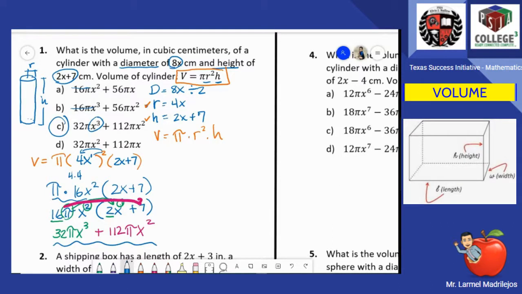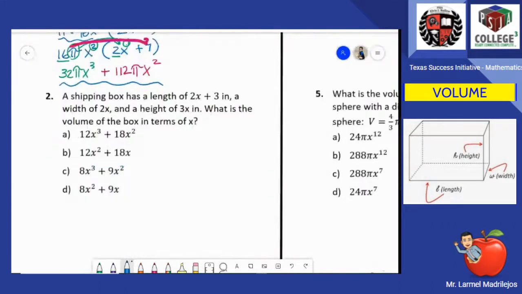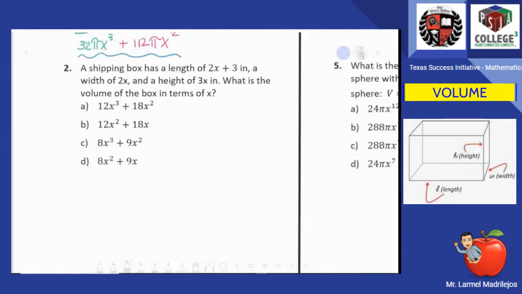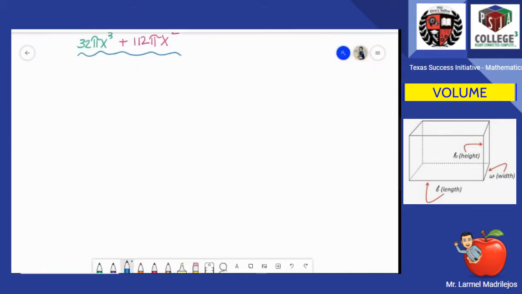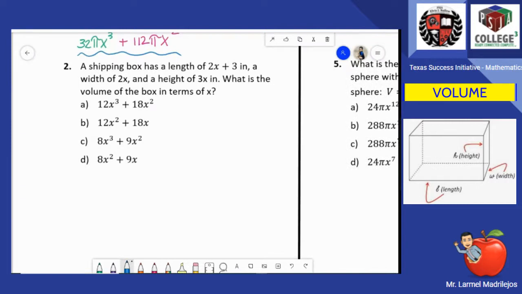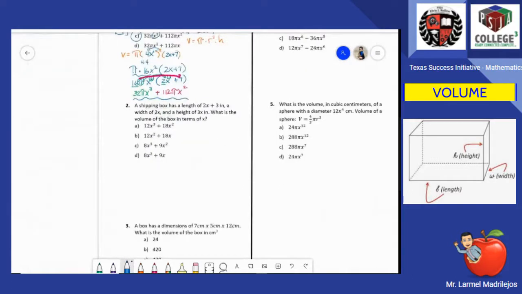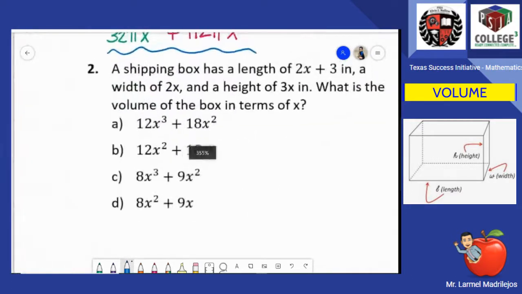Next question. A shipping box has a length of 2x plus 3 inches, a width of 2x, and a height of 3x inches. What is the volume of the box in terms of x? So I want to draw the box first.